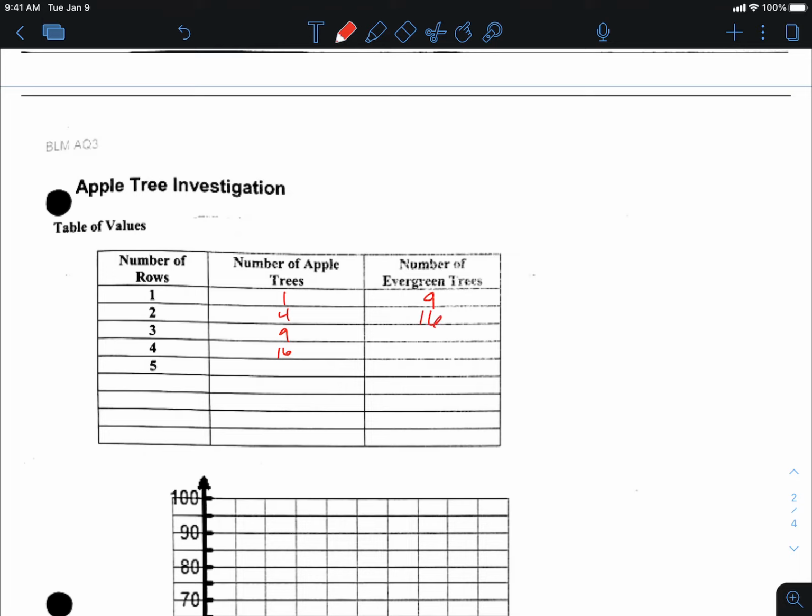Okay, so a little 1, 2, 3, 4, 5, 6, 7, 14. 14 and 10 more should be 24. Is that right? Okay, I think that's right.